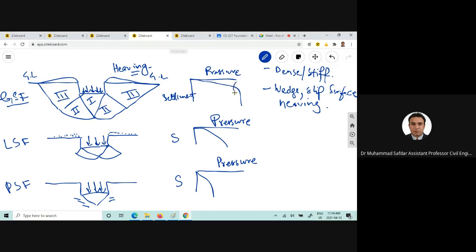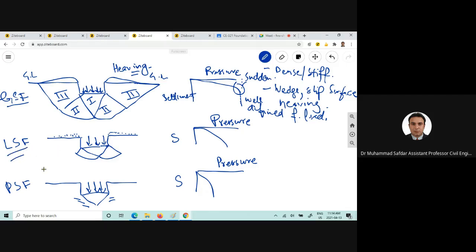It's sudden, you can clearly see a sudden or abrupt change. A well-defined failure load can be seen in such type of mode of shear failure.